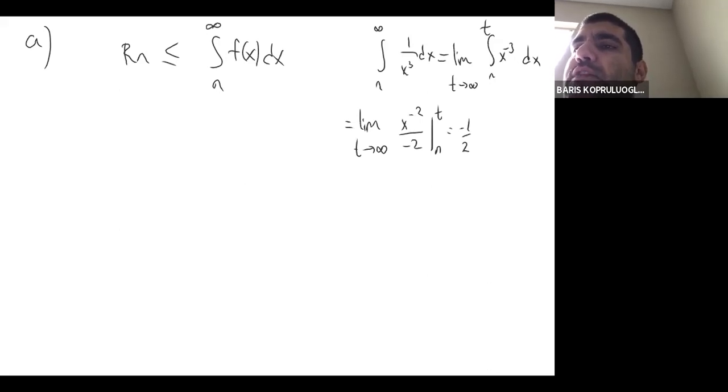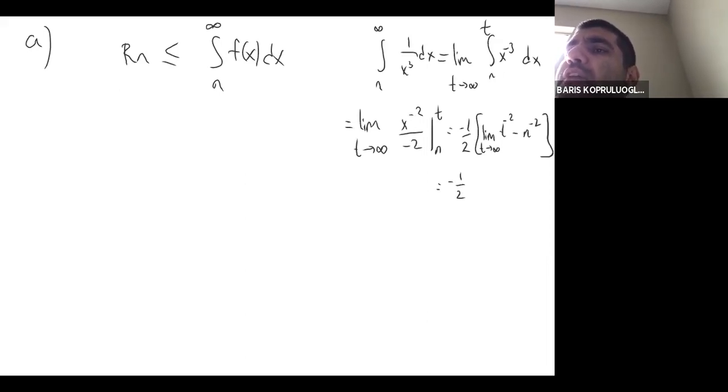So you will have limit as t goes to infinity, t to the power of -2 minus n to the power of -2, and t to the power of -2 as t goes to infinity is going to be 0.